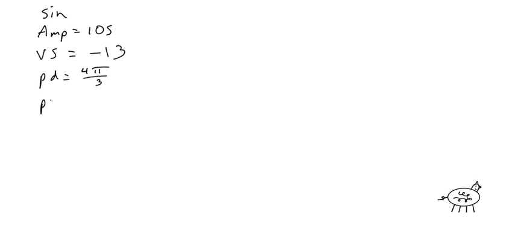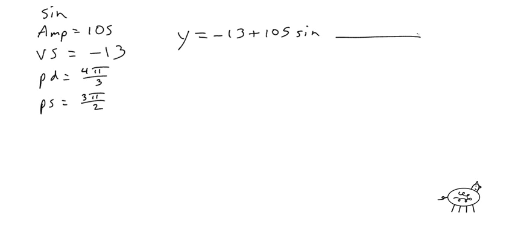The phase shift is, we'll say, 3 pi over 2. Okay, so let's graph this baby. Y is equal to negative 13 plus 105 sine of blah.